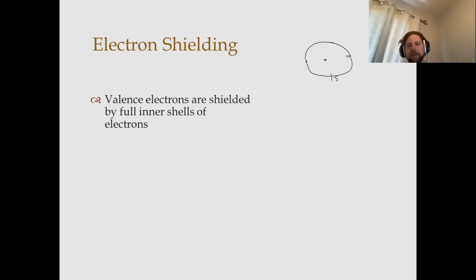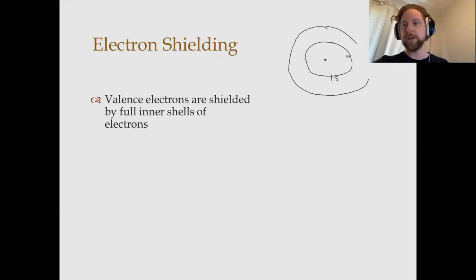Once a shell is full, it causes a shielding effect, which cancels out some of the positive charge in the nucleus. So any additional electrons feel the pull from the nucleus less. Once we get to the 2s and 2p electrons in the second energy level, they feel the pull from the nucleus less than the 1s electrons because of this shielding effect. The 1s electrons are shielding the outer energy level from the nuclear pull.